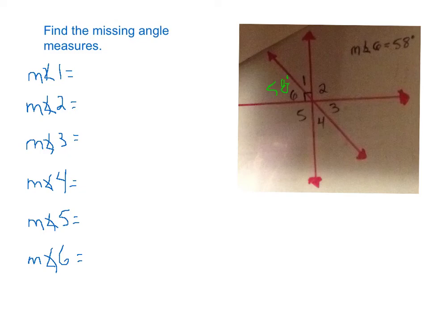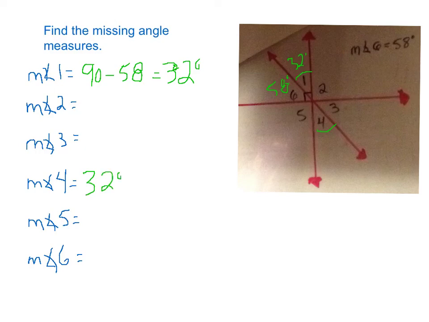So I know the measure of angle 1 should be 90 minus 58, which is 32 degrees. So this one's going to be 32 degrees. If you look at angle 1 and angle 4, those are vertical angles, so those are going to be congruent. So we should know angle 4 is also going to be 32 degrees.